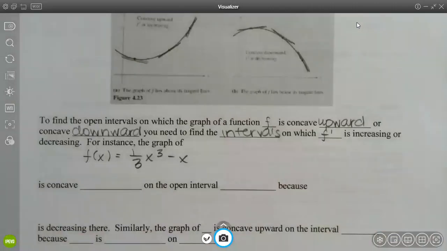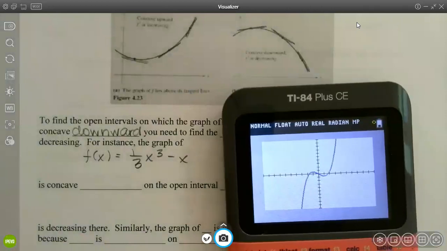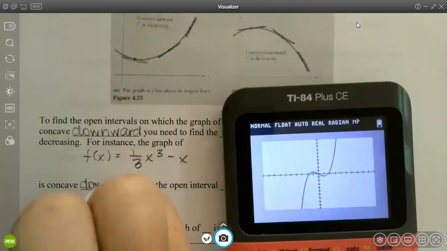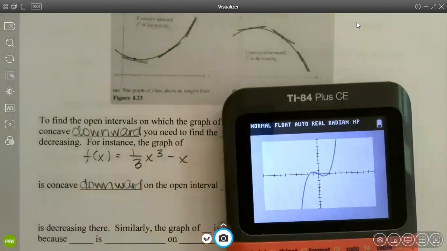It looks like this is concave downward on the open interval.